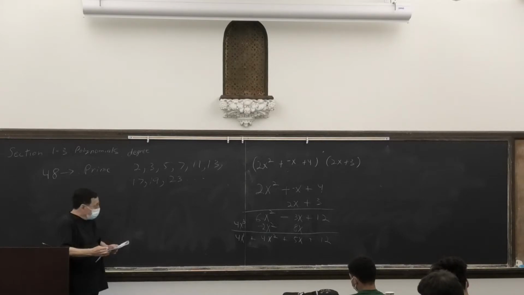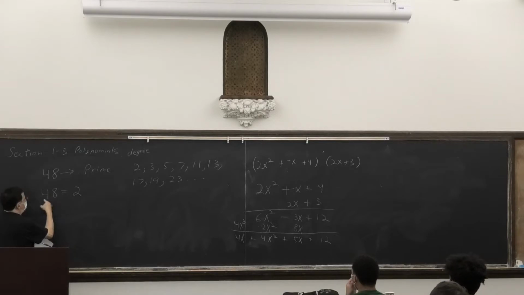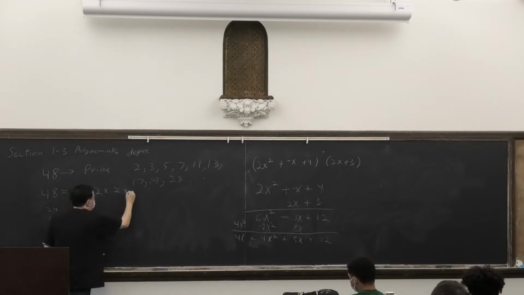All right. So we can take a number like 48 and reduce it to primes. So first thing to look for is 2, right, because it's even. So then we divide 48 by 2, we have 24. Well, that's still even. 12, still even. 6, still even.